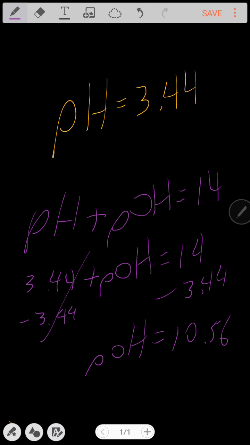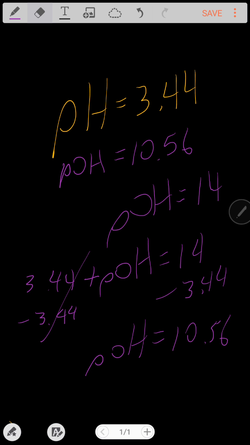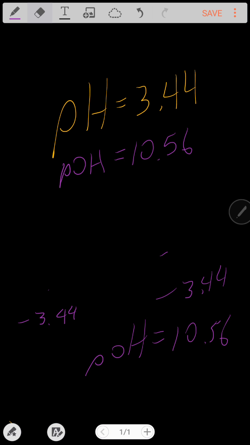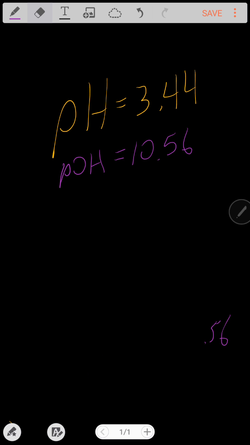Let's keep going with this because I'm liking this. So we have a pH of 3.44. We have a pOH of 10.56. The original question was, what is the hydronium ion concentration in this solution? If the question had been, what is the hydroxide ion concentration?